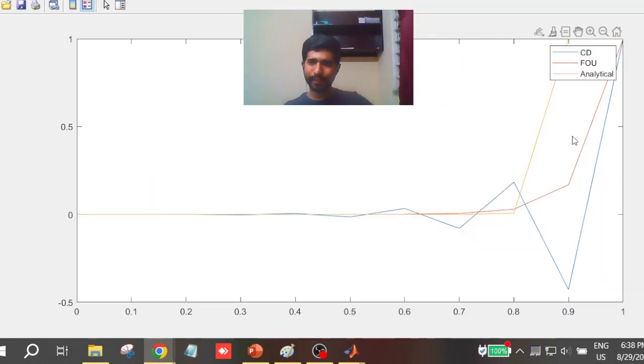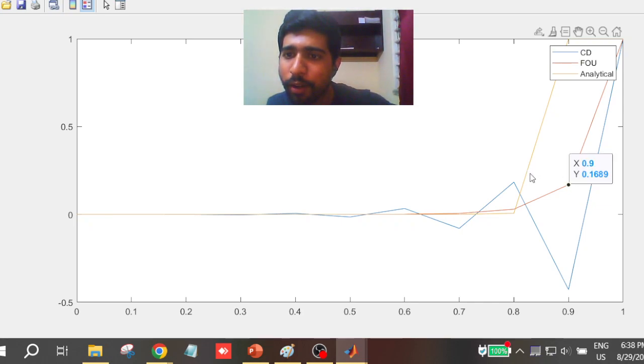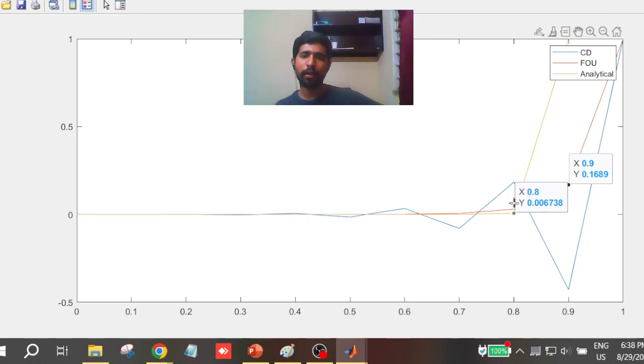Now I think the analytical one is this particular curve, denoted by this orange color or something like that. Here you have got the legend also.